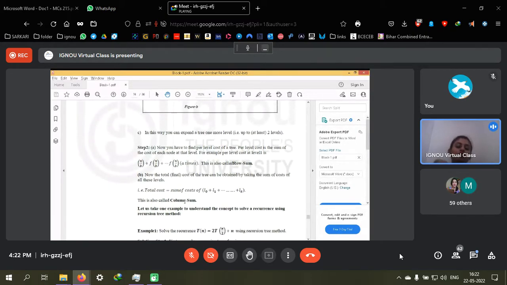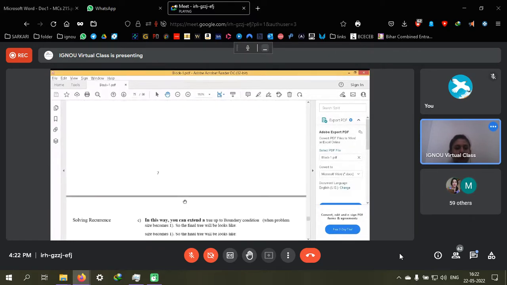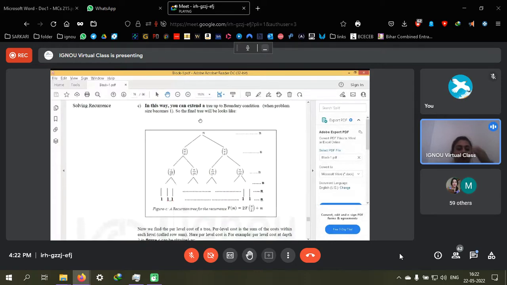In this way, you can expand a tree one more level. That means you have to represent your tree at least 2 levels. Right? So here we go. 2 levels, that means we can create a tree just like this. So in each and every level, we get the value n. The first level is n. The second level is also n.